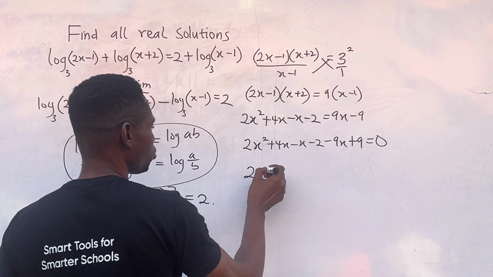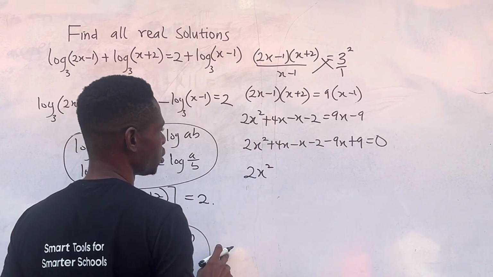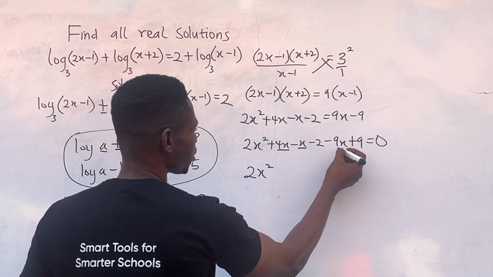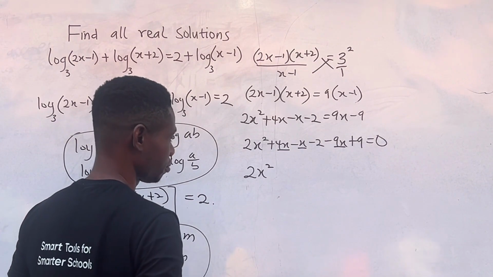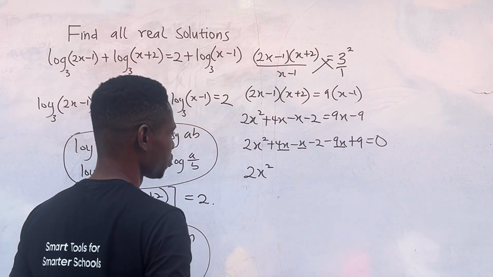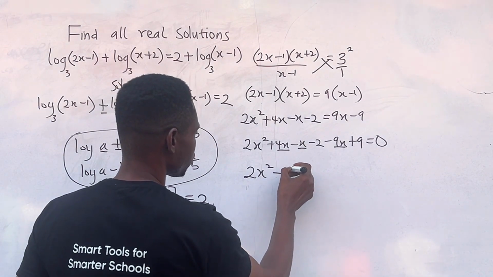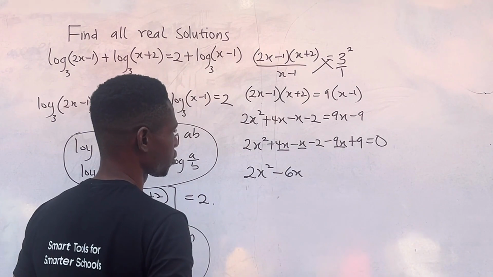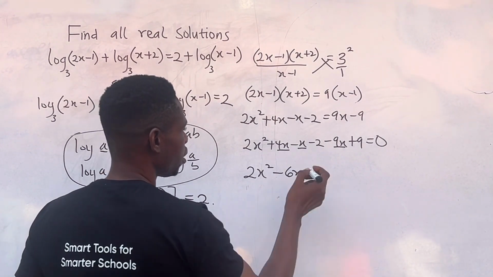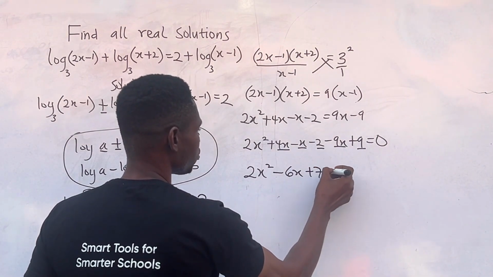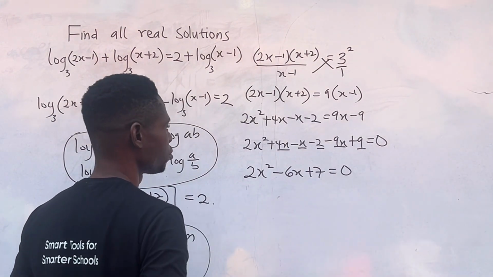So we have 2x squared. So we have 4x minus 1x minus 9x, that's minus 6x, minus 2 plus 9, that's plus 7, equal to 0.